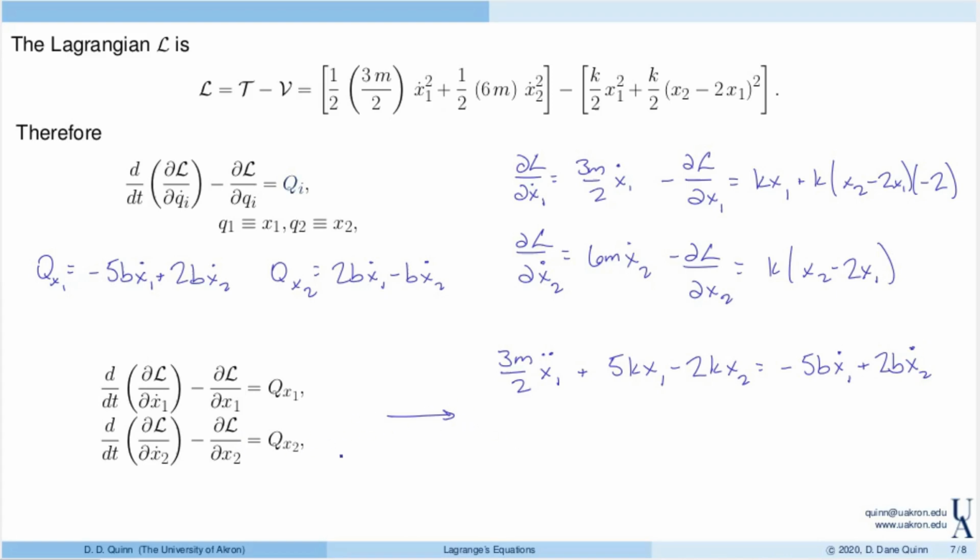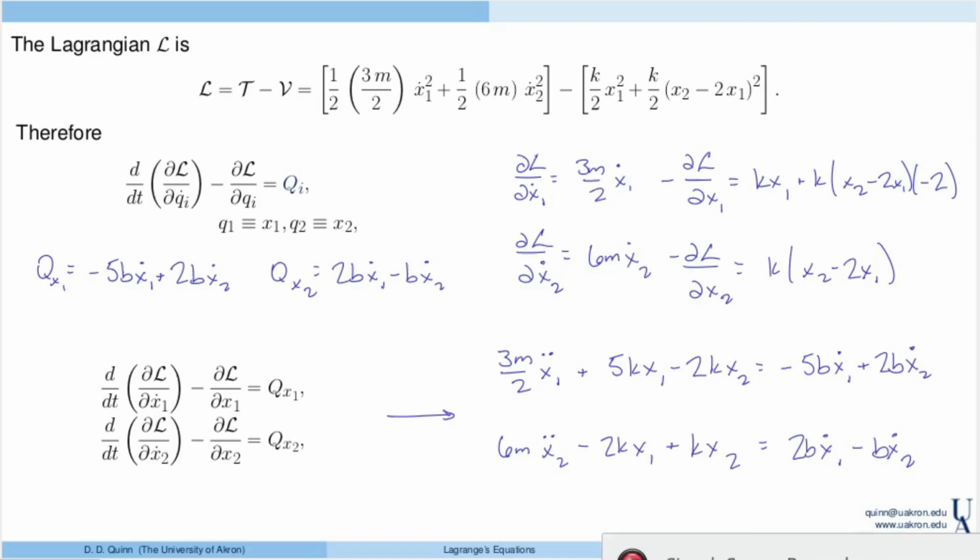And then for the second equation, we get 6m x2 double dot plus, well, actually we'll start off with the x1 term, minus 2k x1 plus k x2 equals 2b x1 dot. So this is the qx2 term. And these are the equations of motion.